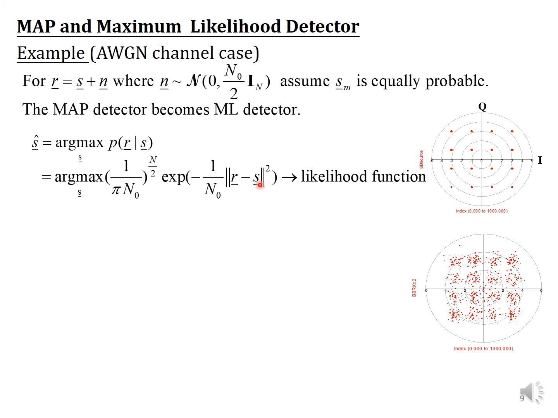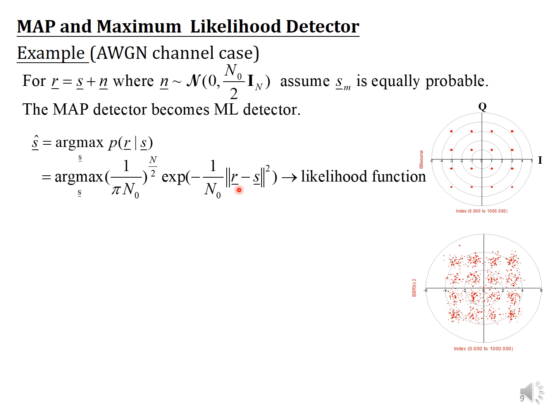Then the received signal would have the mean value on this source. So given one of the source symbols, and with the received value of the received signal R, we can find the probability.